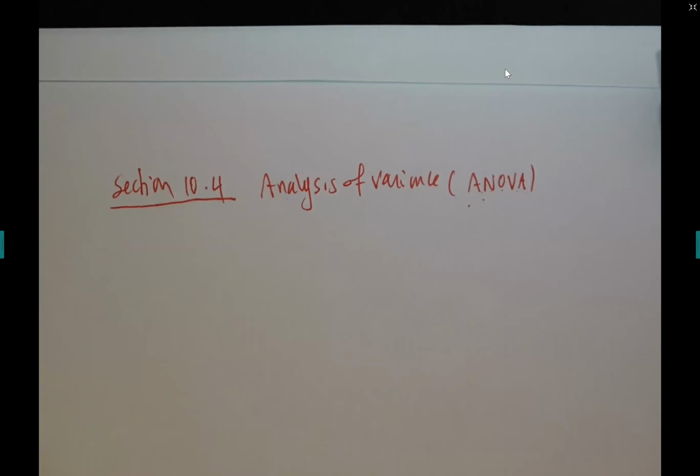You learned how to compare one mean, test like whether a mean is greater than some value, greater than 15, less than 15 in chapter 7. And in chapter 8, guys, you learned how to compare two means from two different populations, mu1 and mu2, and you tested like mu1 equals mu2, mu1 not equal to mu2, mu1 greater than mu2, etc. What about if you want to compare more than two means, 3 or more means?